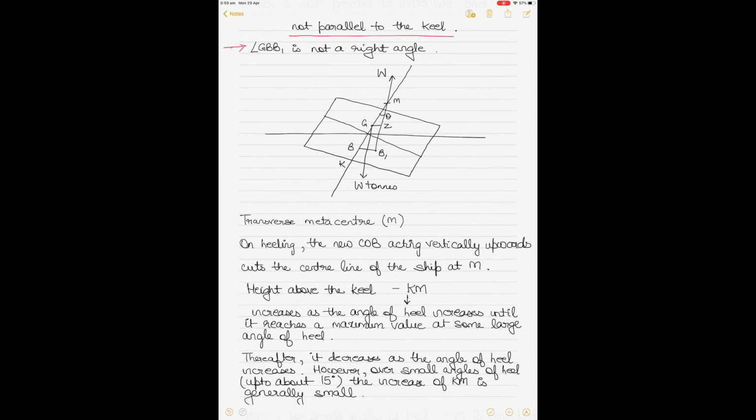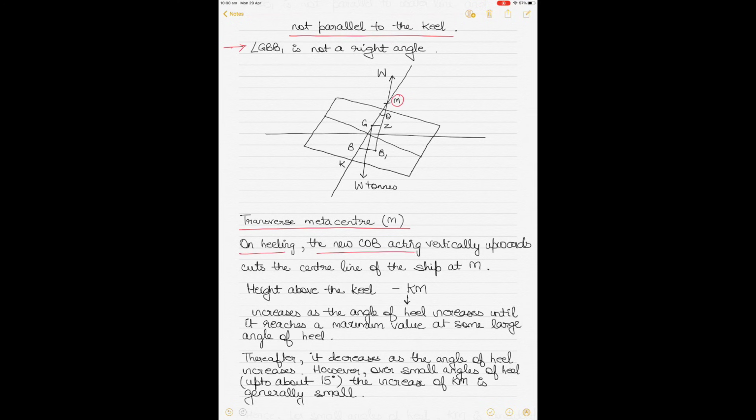Alright, so these are some of the things you have to remember. Now what happens when the center of buoyancy shifts to the new immersed underwater volume? You can see in the diagram here that the buoyancy then acts upwards through a new position and it cuts the vessel's center line at a new position called M. This new position is called the transverse metacentre.